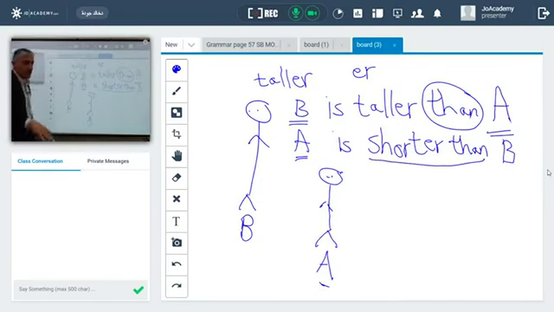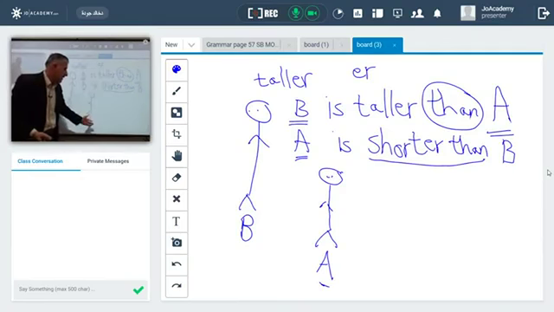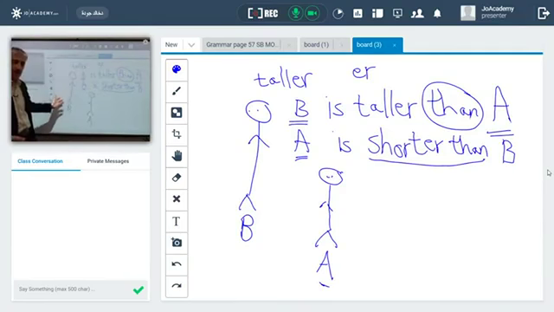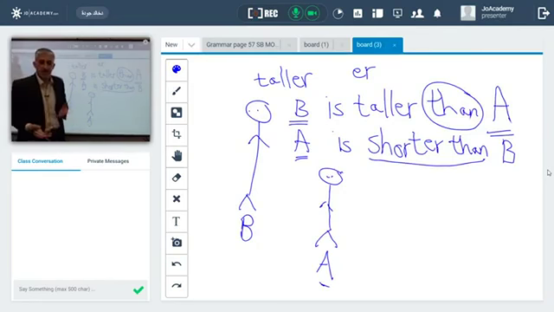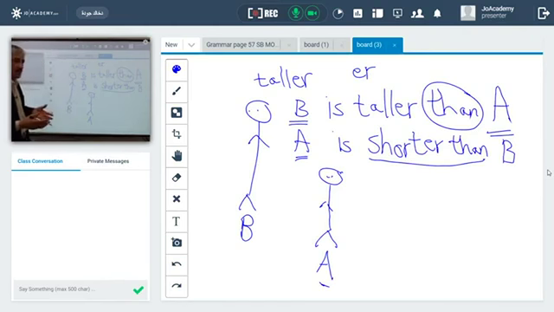He is shorter than. So we have tall, we have short. B is taller than A, and A is shorter than B. So this we call in English comparative, or comparison. We are comparing between things, between people, between countries, between any things we can make a comparison.